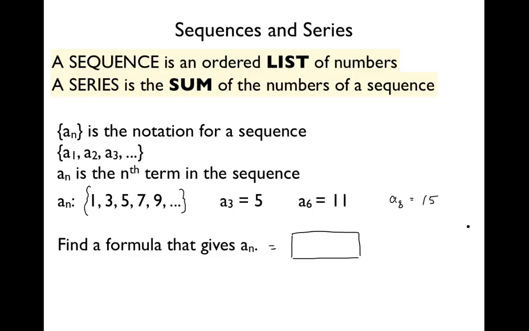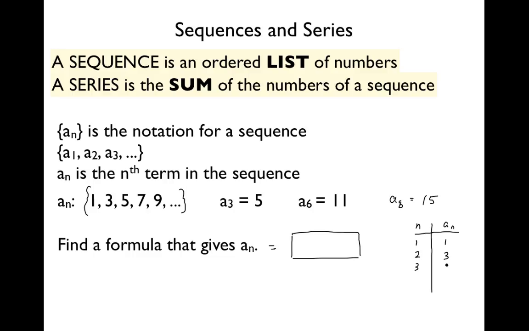One thing that helps is to make a little table so you can see. So do n and a sub n. If you don't need to do this, that's fine, but if you're having difficulty, this is helpful. When n is 1, a sub n is 1. When n is 2, it's 3.